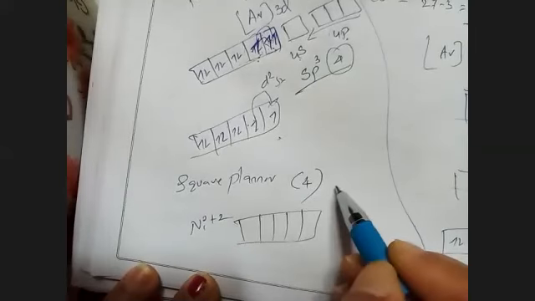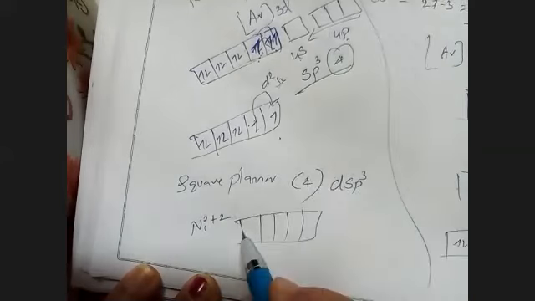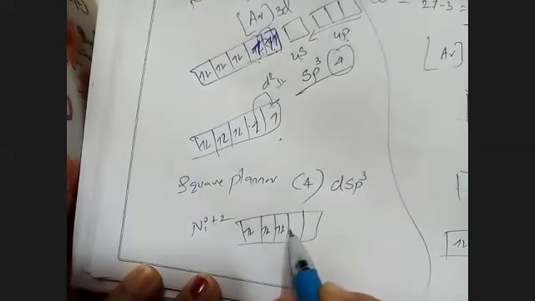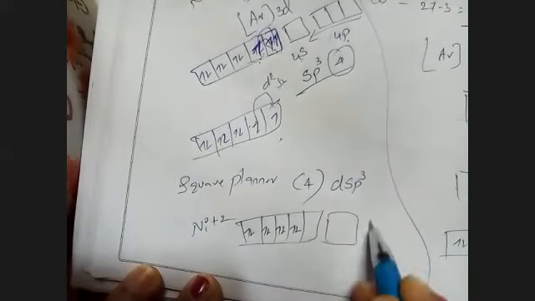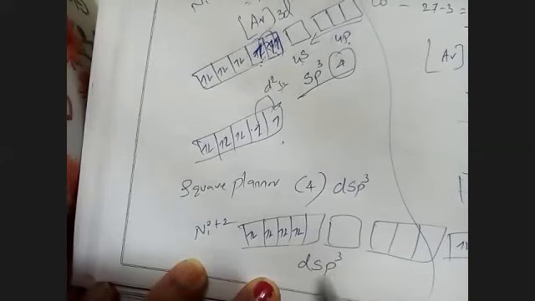Square planar has dsp2 hybridization, so 1, 2, 3, 4: 1 d is present, and sp2. For square planar, I am telling.